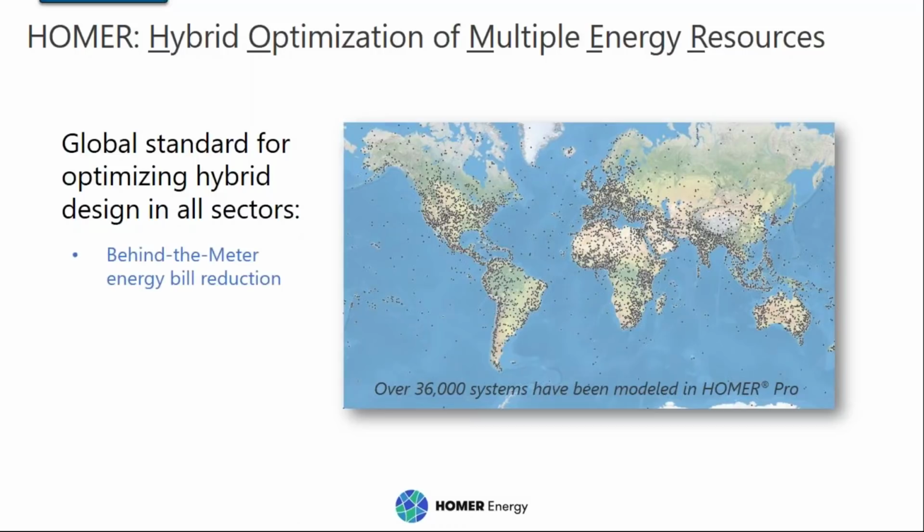One is the behind the meter and energy bill reduction market, so that you can evaluate what new distributed technologies can help you lower your energy bill. And also very common is to use HOMER Pro in projects where you need to have reliable power, so grid connected resiliency, where high outages can have a very high cost on your facility.